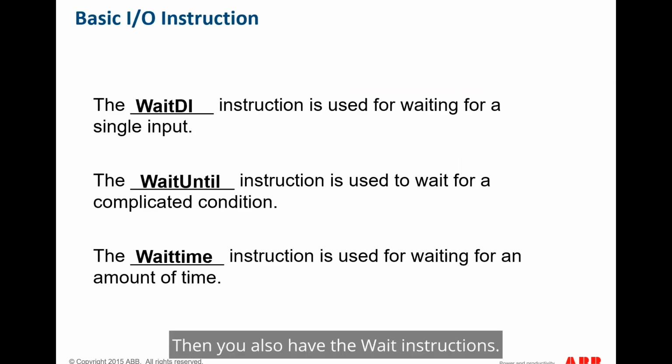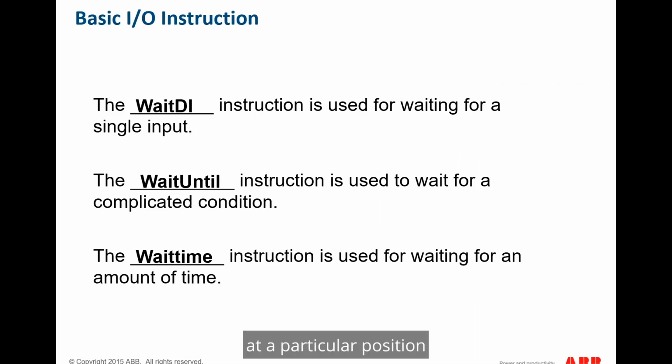Then we also have the wait instructions. For example, you need to wait at a particular position until you get an input. Remember, like we talked about in the previous lecture, input doesn't mean the input that you are giving to your programmable keys, but the input that you receive from maybe an external robot or an AGV, something else.